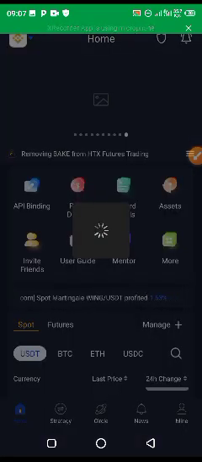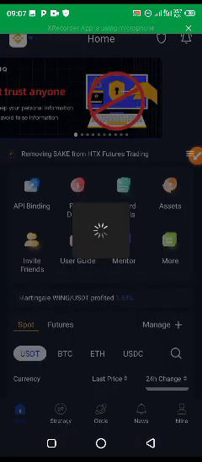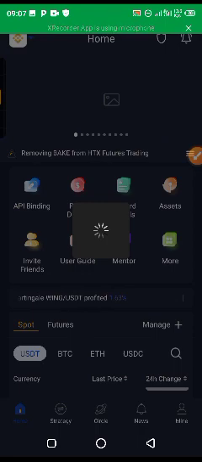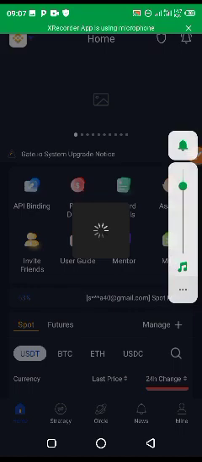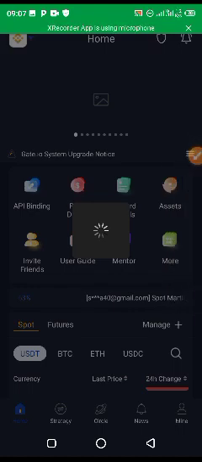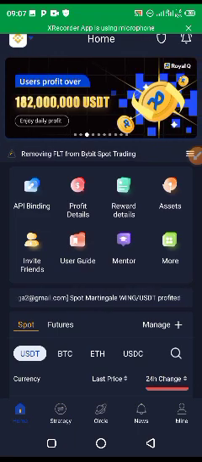We come to our ROHU and we search our coin.